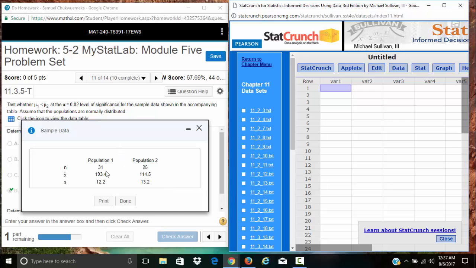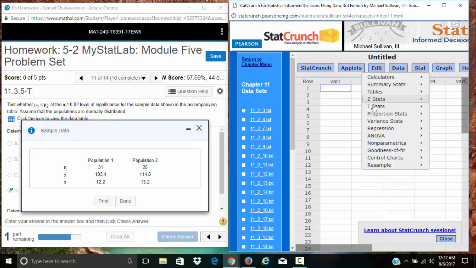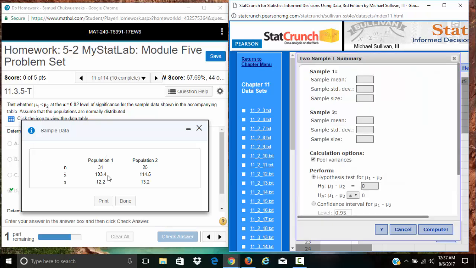They even have two different samples from two different populations that are normally distributed. So these are independent samples. They did not give us the population standard deviation, so we're gonna use T stats, two sample, with summary.